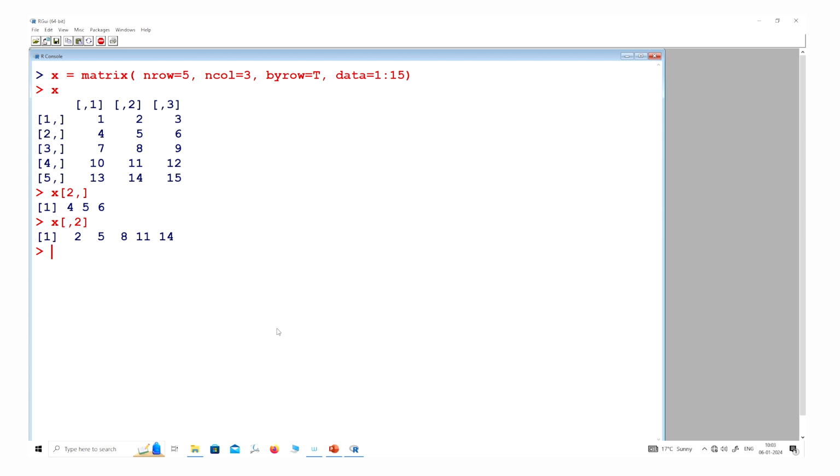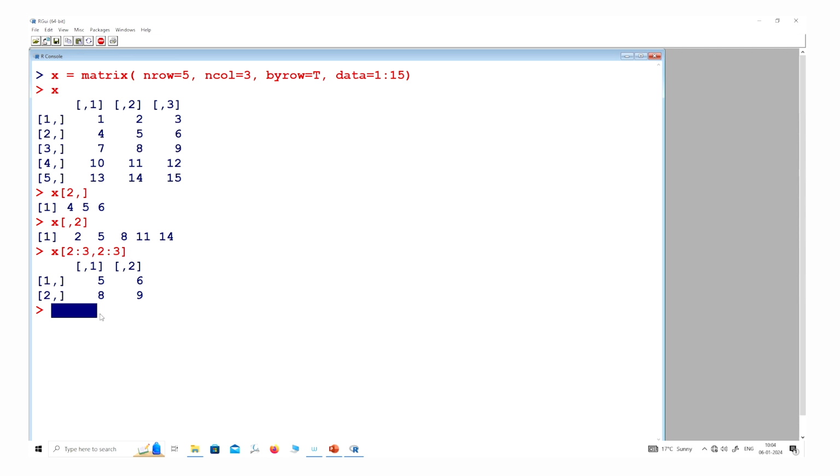And suppose I want to create a submatrix where I take the second and third rows and second and third columns. So this will be like this: 5 6 8 and 9.